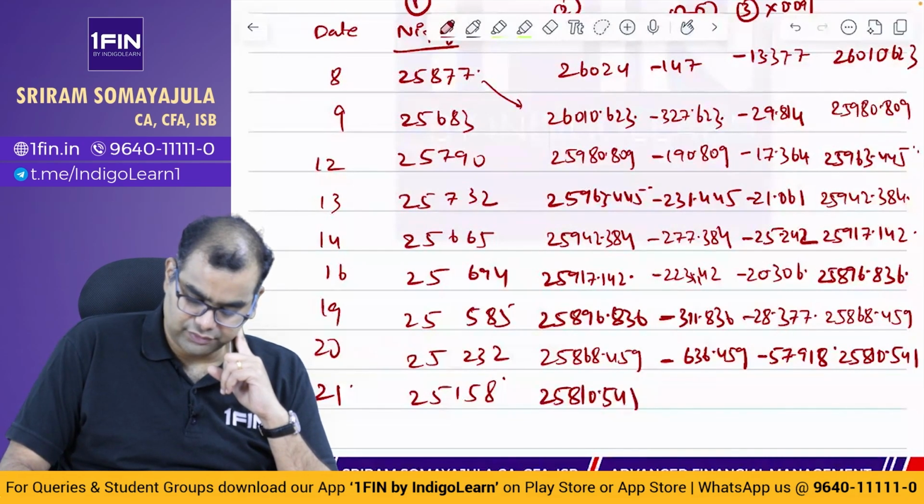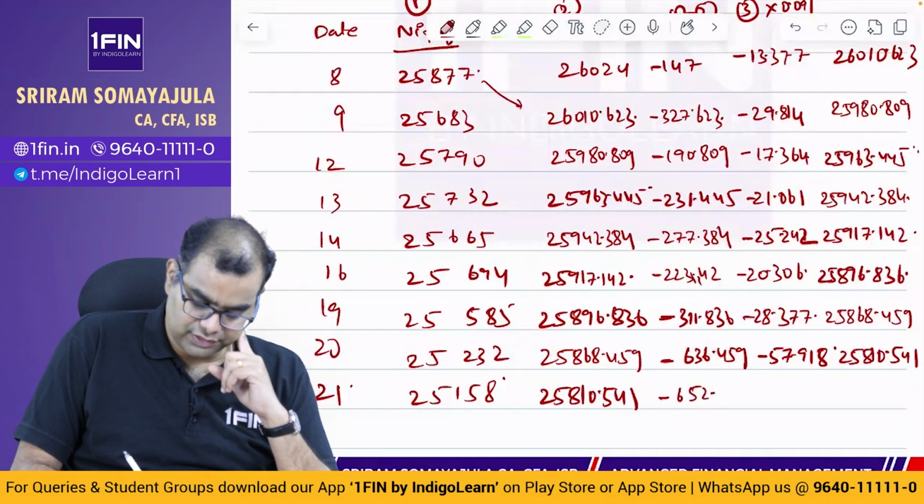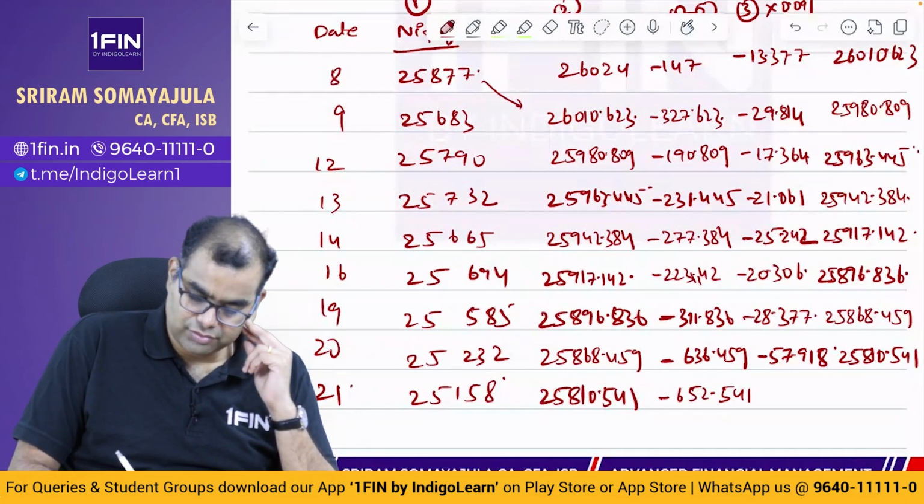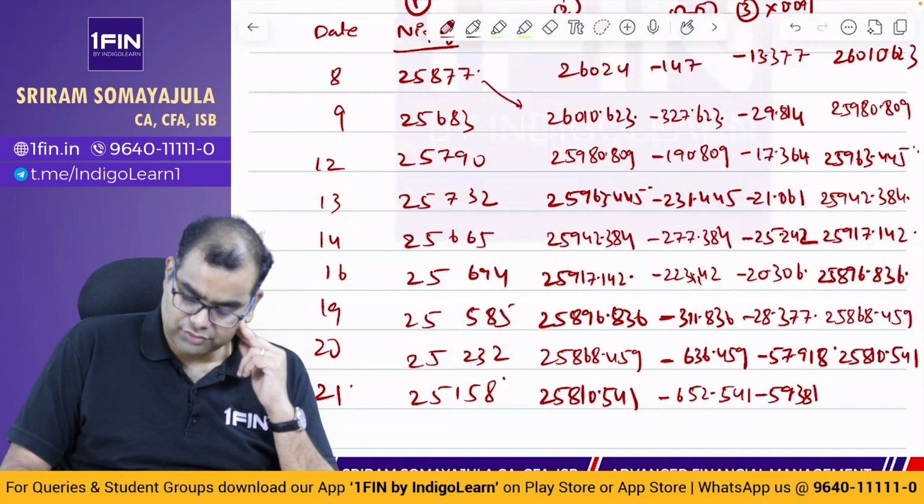Minus 25158 is minus 652.541 into 0.091 gives you minus 59.381. So minus 59.381 plus 25810.541, you get 25751.16.